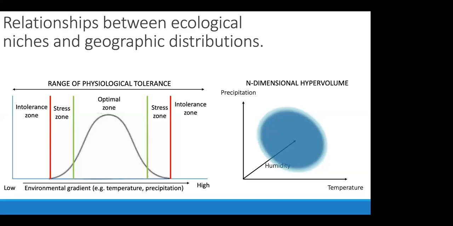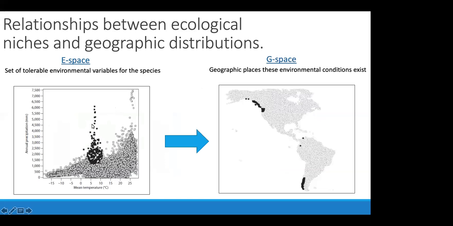So in the figure of the n-dimensional hypervolume, we might have some temperature on the x-axis, some precipitation on the y-axis, some amount of humidity on the z-axis, and it's n-dimensional because you can add more and more axes to take different types of temperature measurements, precipitation, humidity, all of that.